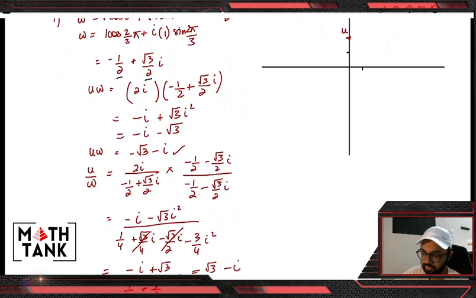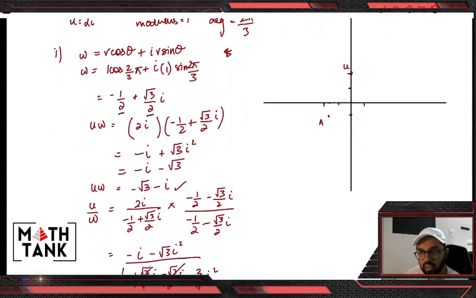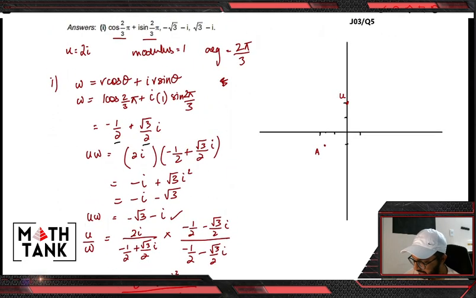Now minus root 3 in numbers is basically minus 1.73, so somewhere between 1 and 2. It has to be on the negative real axis, so I'm going to mark the negative real axis here. So I'm going to say that's somewhere at minus 1.73, and it needs to be minus i as well. So I'm going to put that, that's A for me. And then I also need to plot B, that's root 3 and minus i, that's 1.73 and minus i.